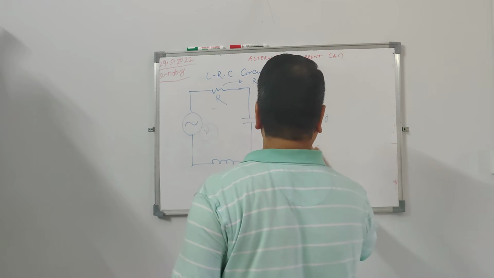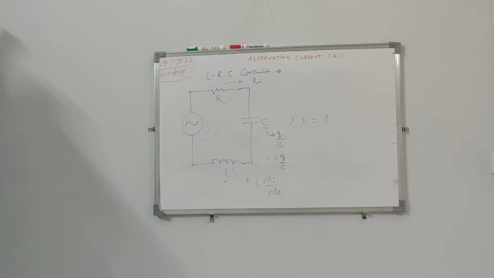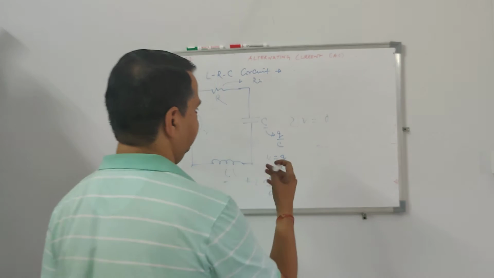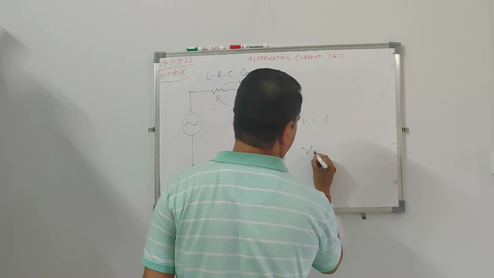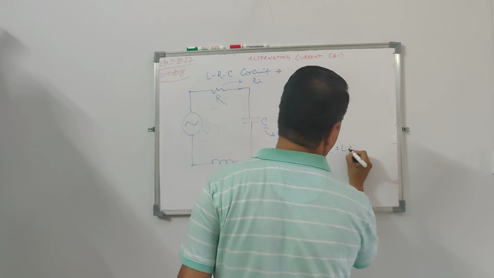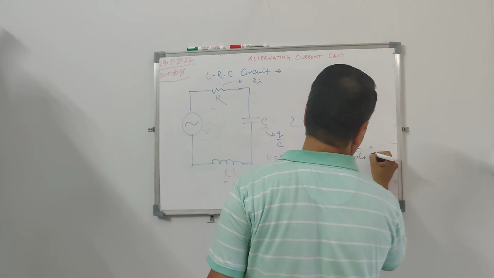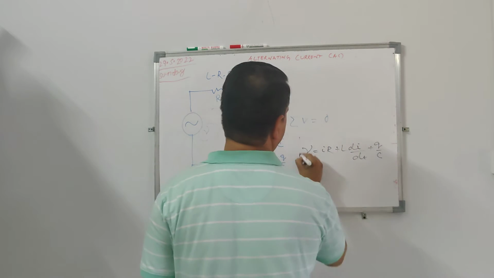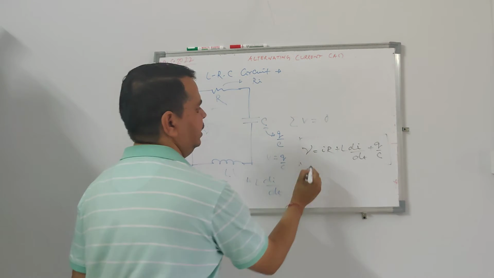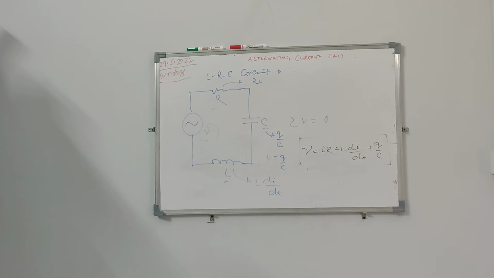So V is equal to IR plus L di by dt plus Q by C. This is my governing equation.